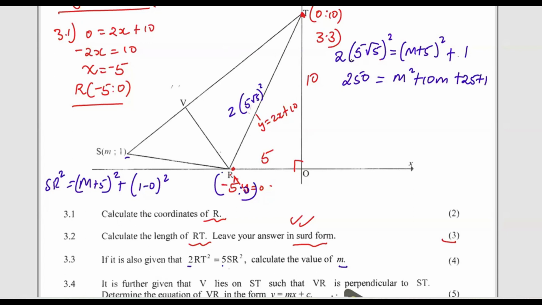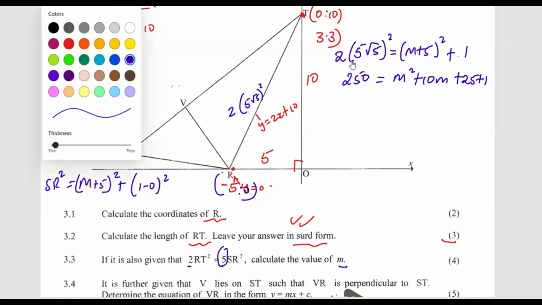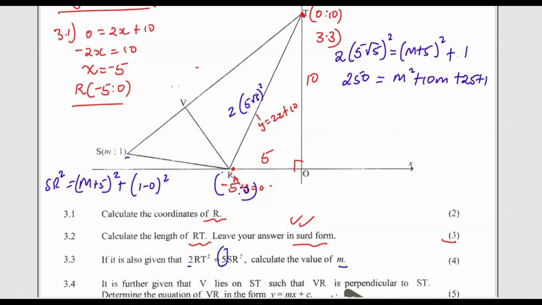Let's move everything to one side of the equals. No, there's something I missed out. There's a 5 here. Okay, so we don't need to leave that 5 out. So meaning that this must be multiplied by the 5. Okay, so 250 is gonna be 5m squared plus 50m, and then 26 times 5.